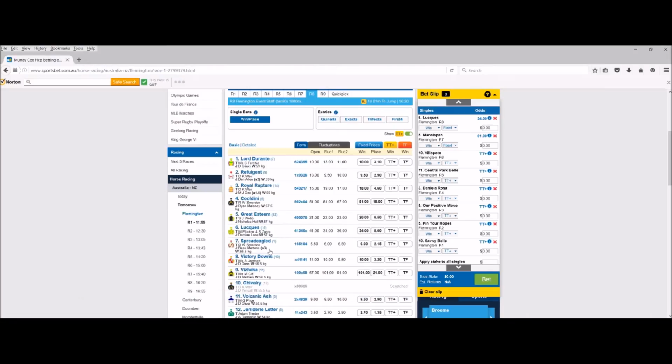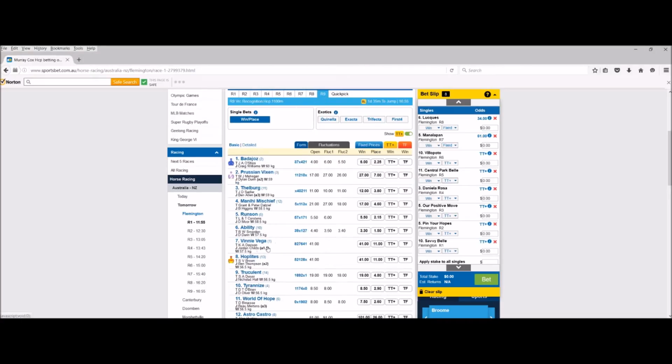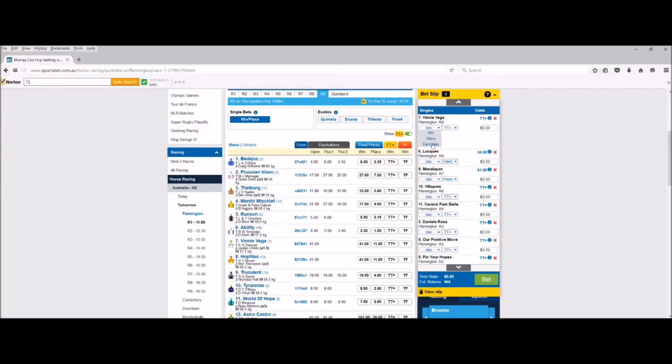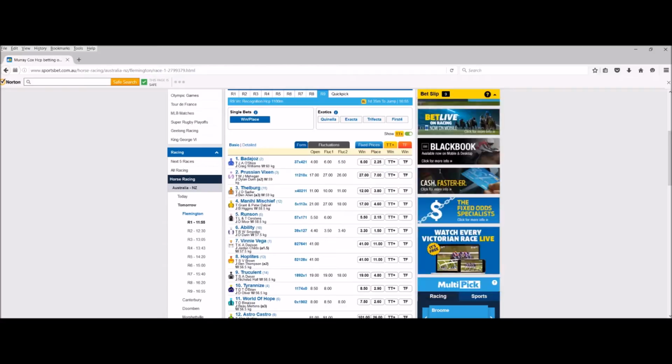Dodgy. Vinny Vega, number 7. No, it's not. Where is it? Yes, it is. Put that in, Top Tote. So they're all in. You can see there's 9 selections there. I go each way, so you have to go and move all of those into each way mode.